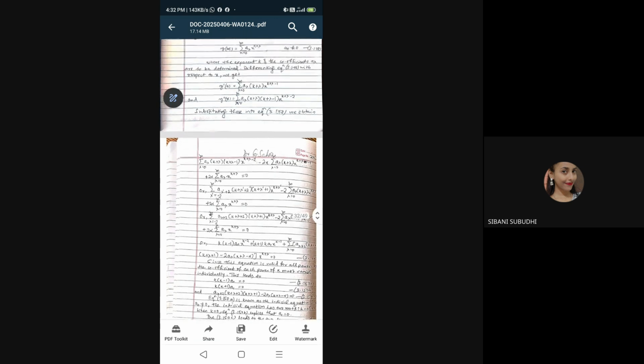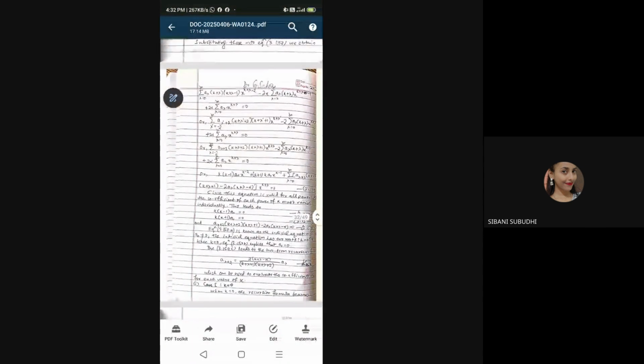So the indicial equation will be what? The indicial equation will be k into (k plus 1) a0 is equal to 0. So your k is equal to 0 or 1, and your recurrence relation will be the coefficient of highest power of x.